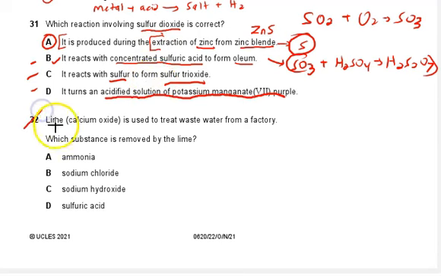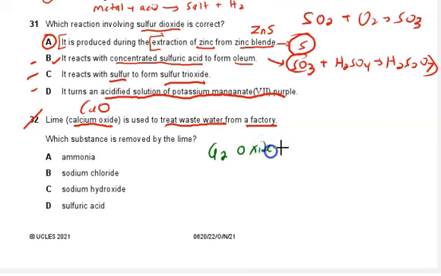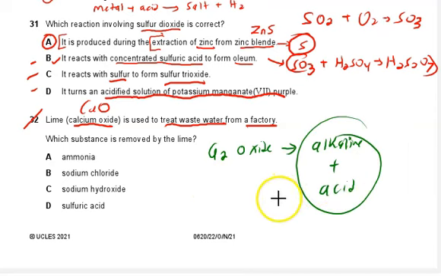Okay, now number 32, lime, calcium oxide, is used to treat wastewater from a factory. Which substance is removed by the lime? Okay, in case you have forgotten the function of lime, calcium is group 2. So a group 2 oxide is alkaline by nature. So what happens is, when you have an alkaline plus an acid, that's how you can form neutralization.